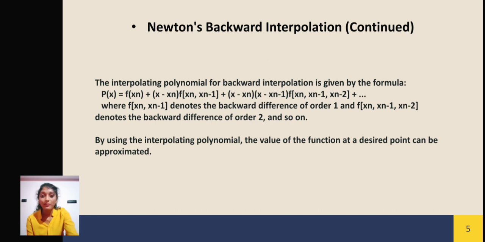By using the interpolating polynomial, the value of the function at a desired point can be approximated.